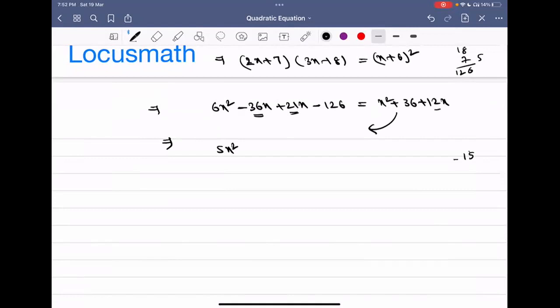Minus 15, if you take out this 12 from the right hand side, minus 12. Minus 15, minus 12, that is minus 27x. Yeah, minus 126 minus 36, that is minus 162. Okay?